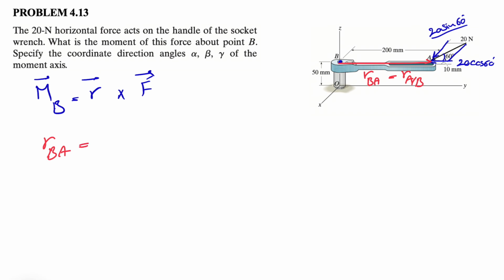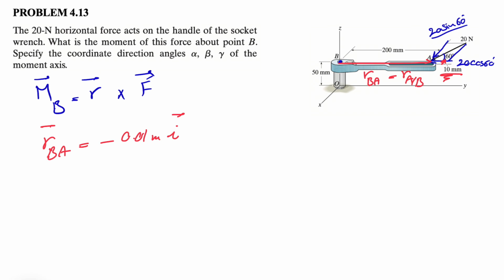If we look at it, we'll see that we are not moving along the z-axis. We are moving this much along the x-axis, which is 10 millimeters, going along the negative x-axis. So we have a negative sign here, 10 millimeters. We can divide that by 1,000 in order to get it in meters. So 10 divided by 1,000, 0.01 meter. That's going to be our i.